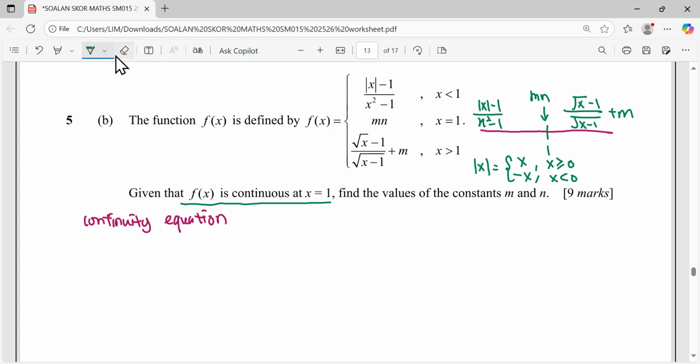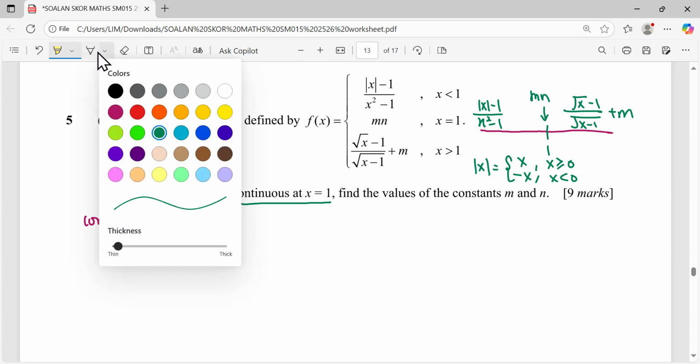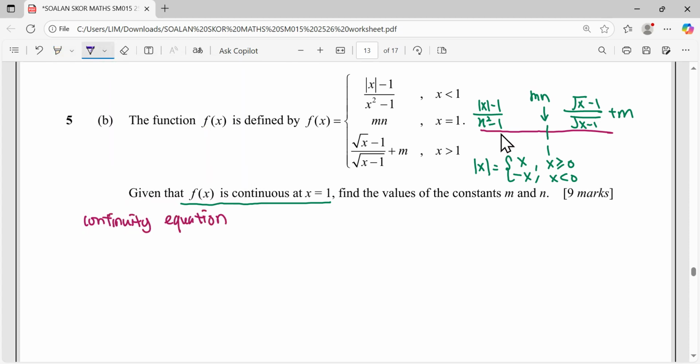So since you have x less than 1, which means that it is at the left hand side, now we need to define the position of your 0. So 0 is here.